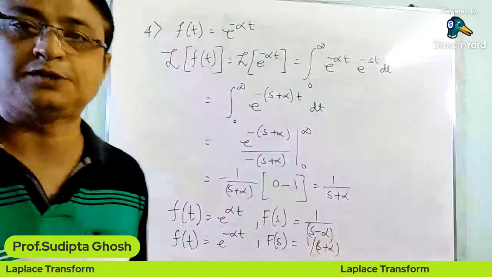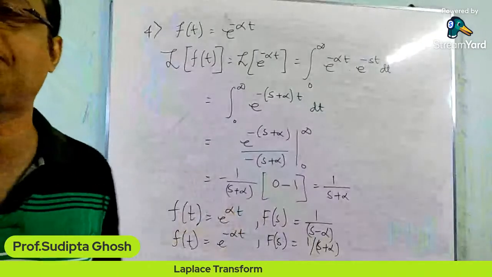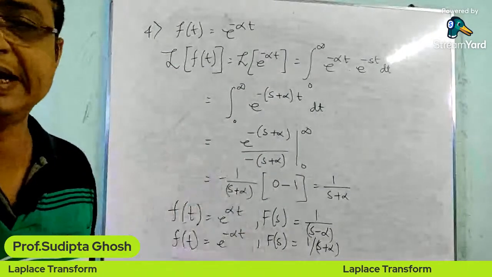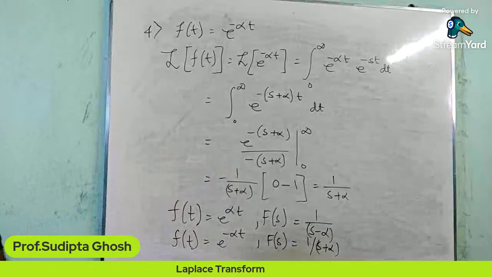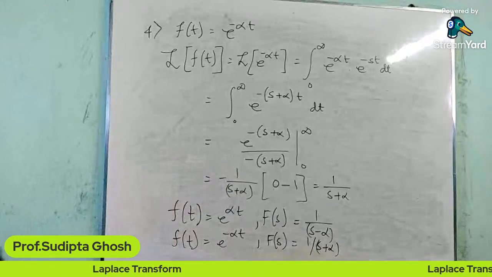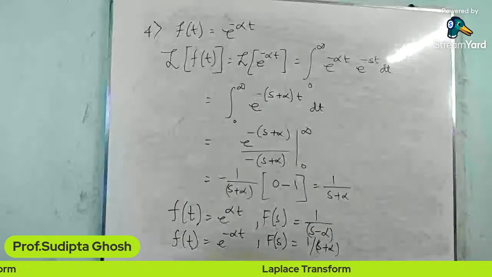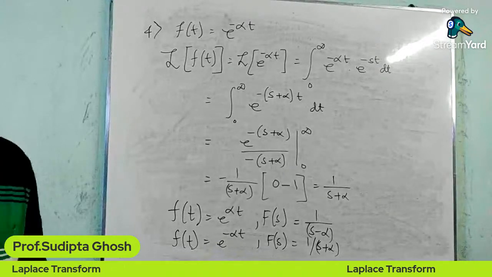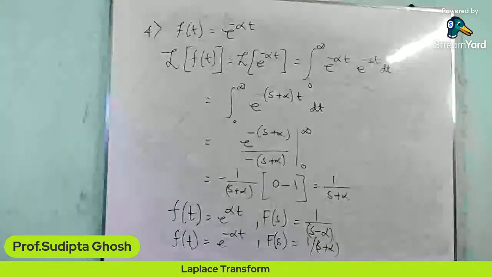So remember this part: if the function has a negative exponent, then the frequency domain form is positive, and if the function has a positive exponent, then the frequency domain form has a negative sign. This way you can remember these functional forms 3 and 4, and these are nothing but the exponential forms, either e to the power alpha t or e to the power minus alpha t. Okay?